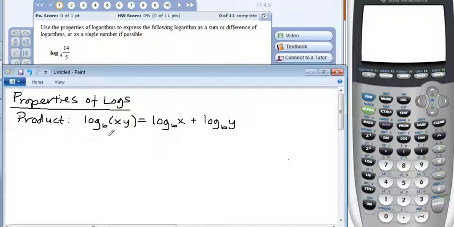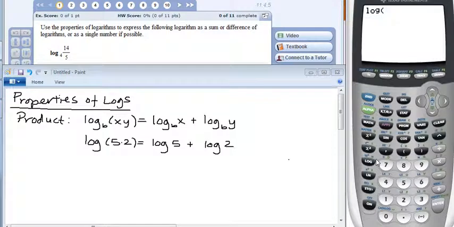Well, let's try one. I have to try one with either a 10 or an e in here. So let's try log base 10 of 5 times 2, which should be the same as log base 10 of 5 plus log base 10 of 2. So we have the log of 5 times 2, which is 10, obviously.